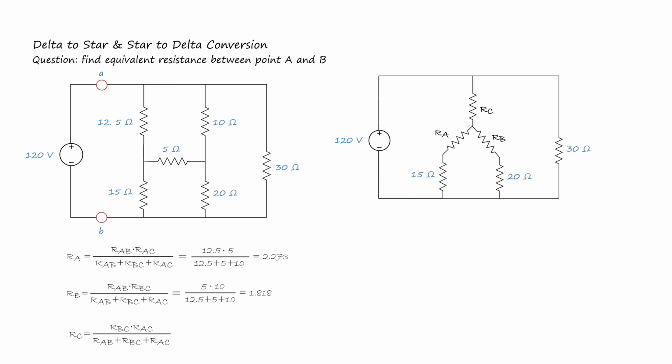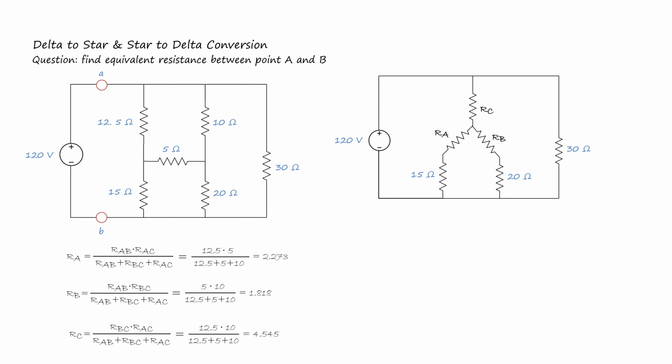And the last one is R_C. Substituting in the formula, 12.5 times 10 over the summation of resistors in the delta network, which gives us 4.545 ohms.